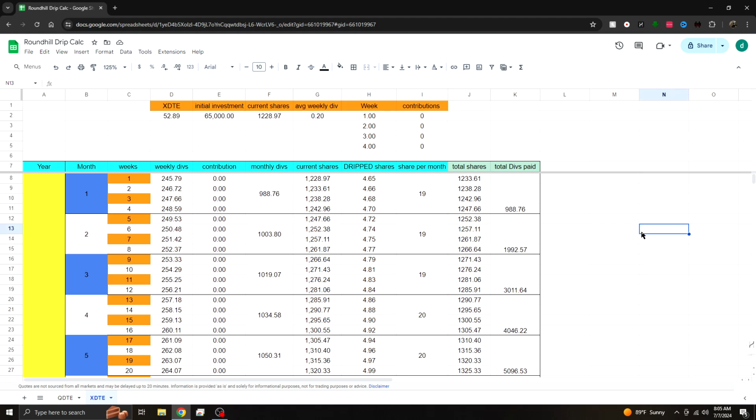So the only real numbers you need to mess with are total invested, your weekly contribution, and then this average weekly. If it changes, it'll likely change over time, and you can find that information either by calculating it yourself, or if you watch my weekly video, then you'll see what the average weekly is.